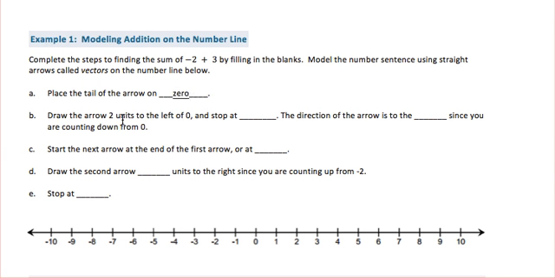Then we're going to draw the arrow 2 units to the left of 0, because -2 is 2 units to the left of 0, and we will stop at -2. The direction of the arrow is to the left, since you are counting down from 0.